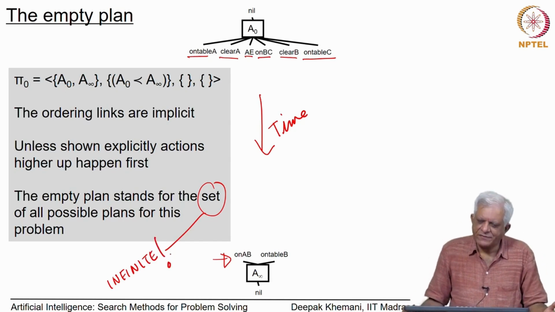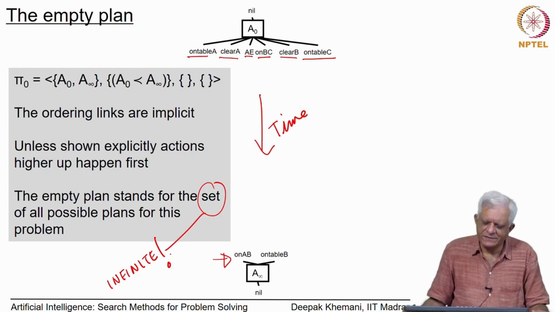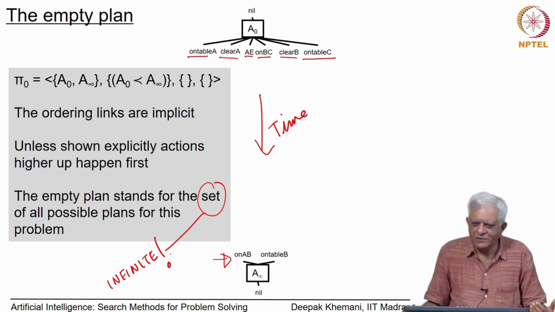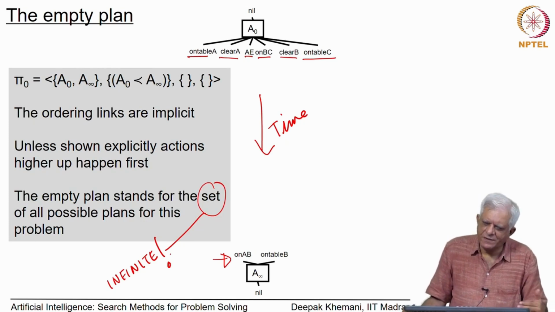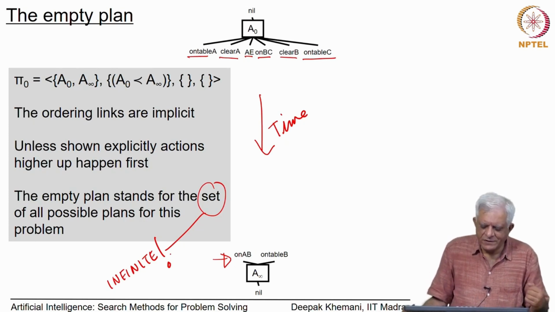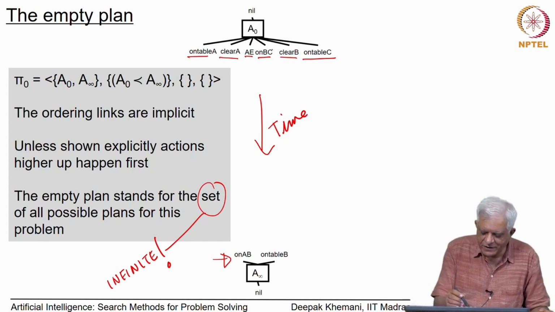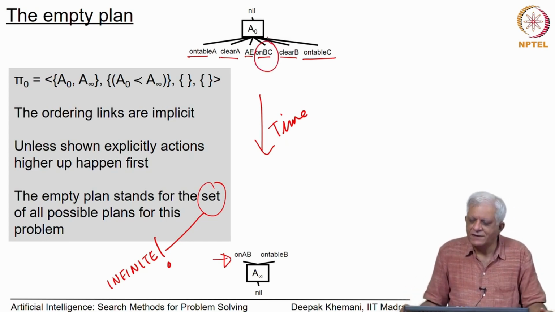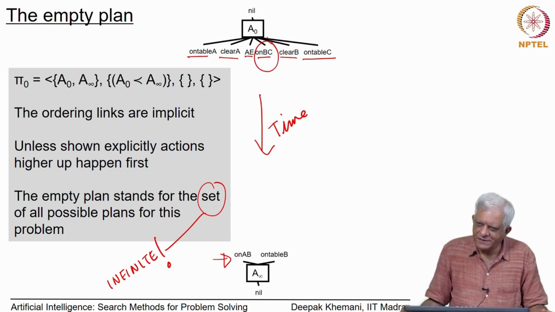Because you can simply have a sequence of actions which go into an infinite loop, or if not an infinite loop, a small loop. So, for example, as you can see, you have on B C in this start state. So, you can say unstack B from C, then you can change your mind and say stack B onto C, then you can again say unstack B from C, and again change your mind and say stack it onto C.